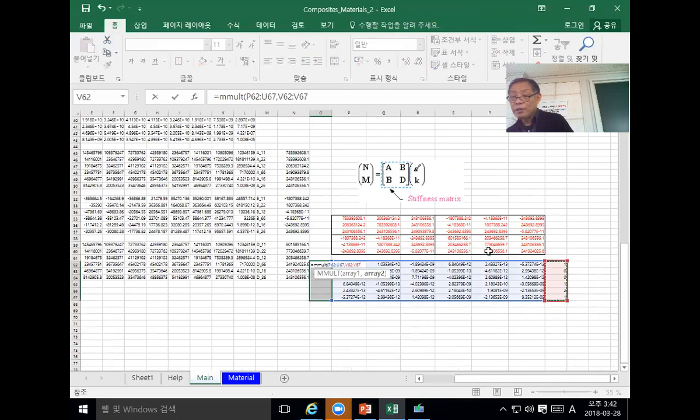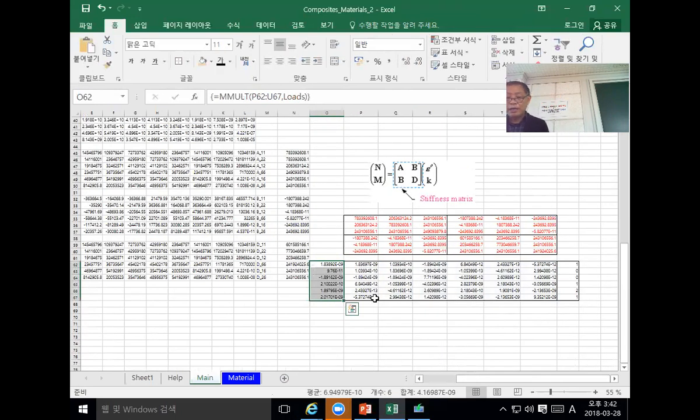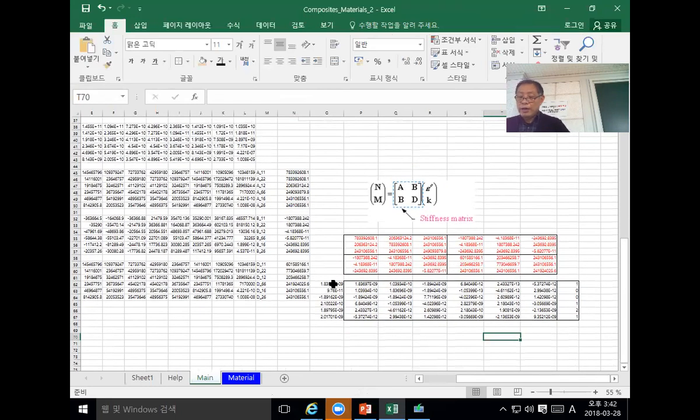This guy we call load, right? Okay, so you can immediately get the 3 strains and 3 curvatures. Very straightforward. As long as you have an ABD matrix, you get this one. So it's important to have this value.